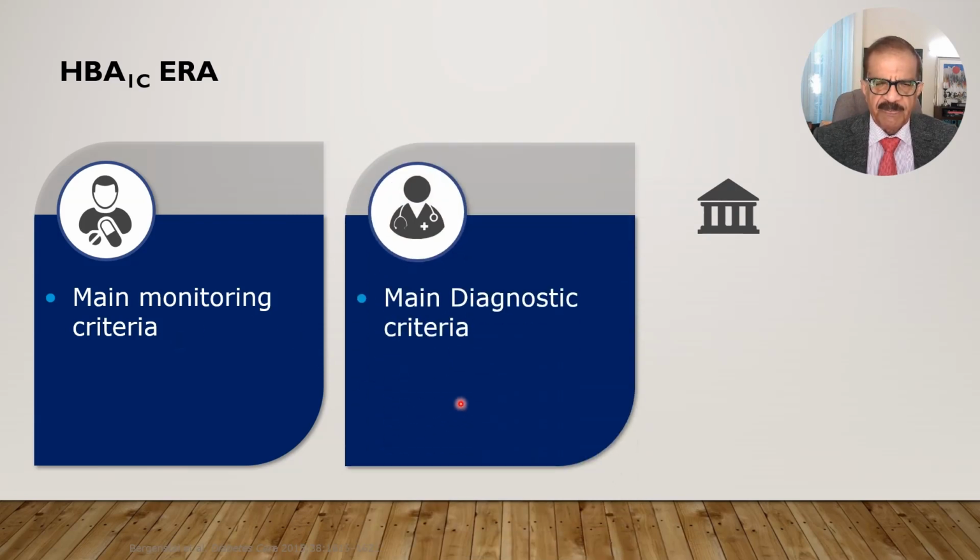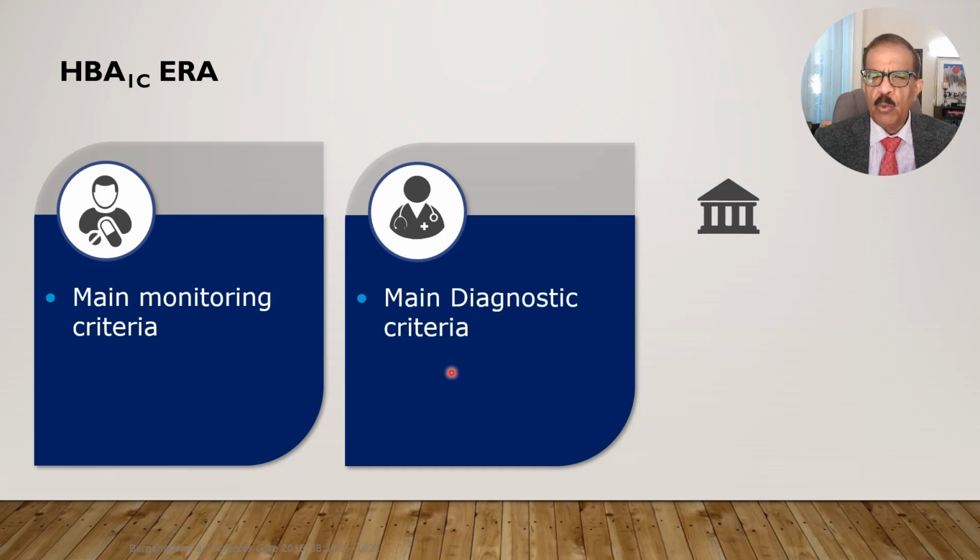Later in 2010, ADA and EASD included this A1c as a diagnostic criterion, and 3 categories were defined. Anybody having an A1c of less than 5.7% would be considered normal.